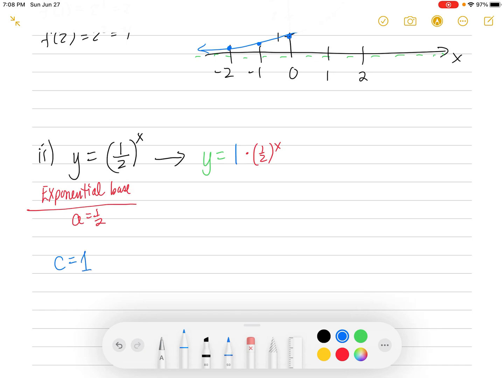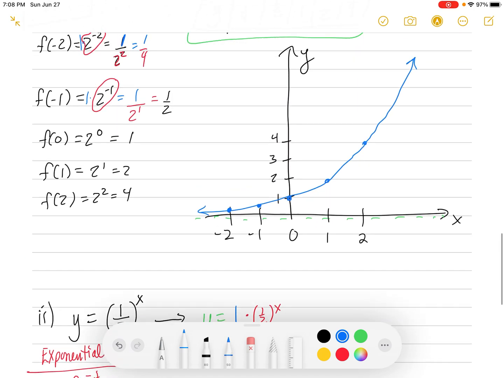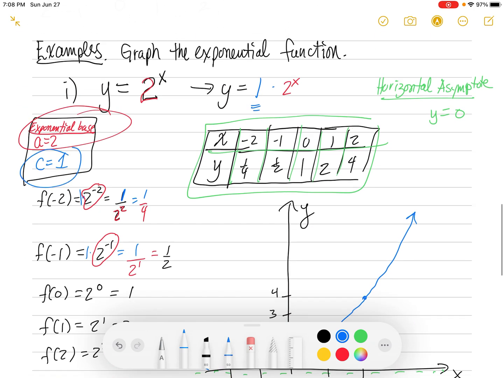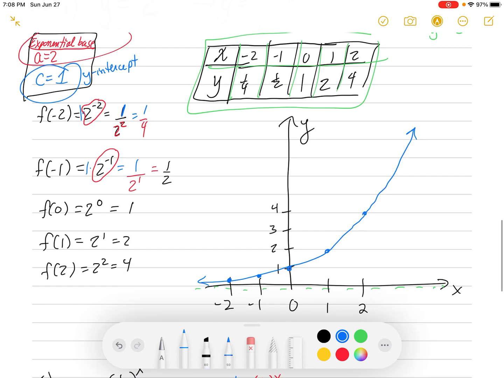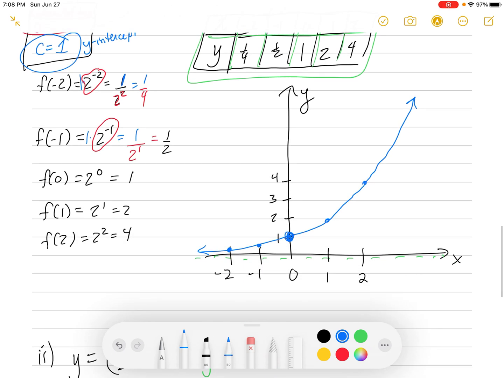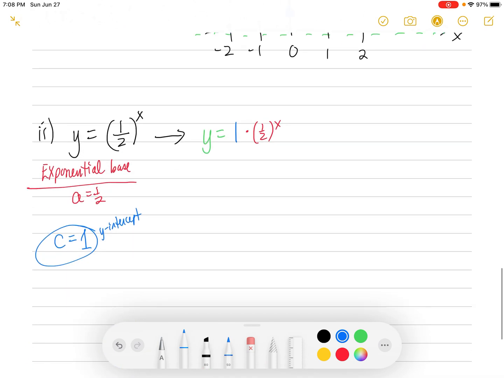And the c, that's called your y-intercept, is 1. The c is always going to be the y-intercept when you're dealing with a standard exponential function. I should have said that earlier. This is the y-intercept. C was 1 back here.